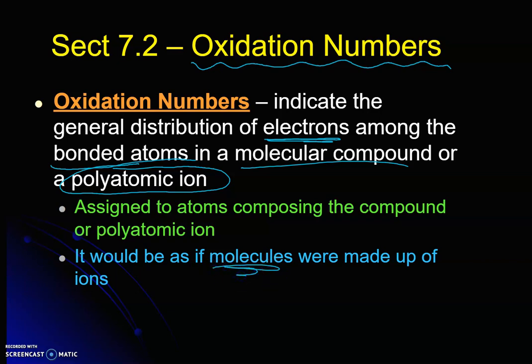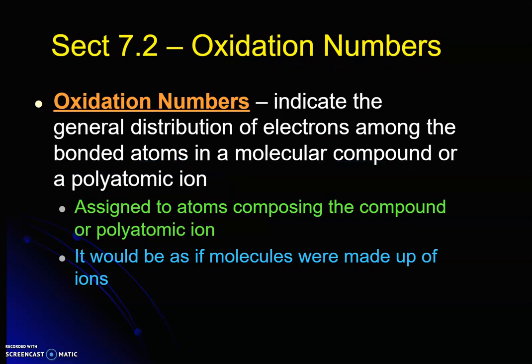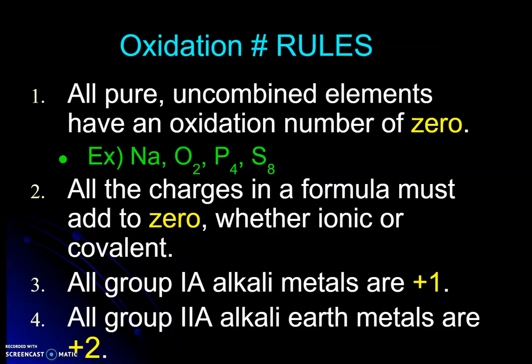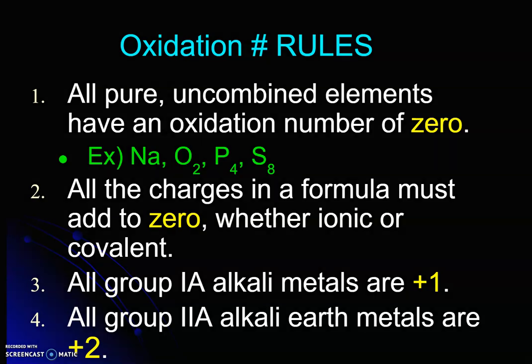These oxidation numbers are going to follow a series of rules, so let's go over the rules and then we'll go over some examples. Since we're talking about the distribution of electrons and seeing which atoms are going to have more or less, anything that is pure or uncombined has an oxidation number of 0.